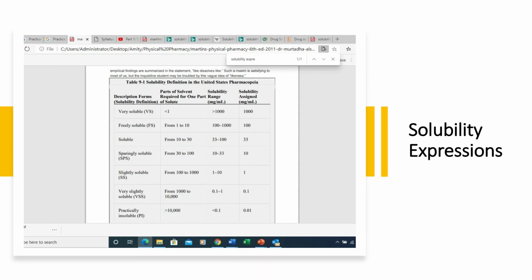We always measure and compare the solubility of different solutes in a fixed amount of solvent at a specific temperature by measuring how many parts of solvent are required to dissolve one part of the solute. By adopting this technique, we can compare the solubilities of different substances using these USP definitions.